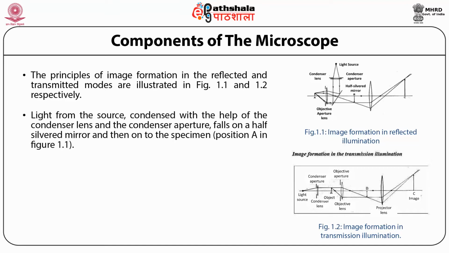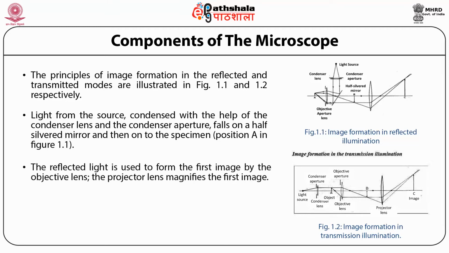Light from the source, condensed with the help of the condenser lens and the condenser aperture, falls on a half silvered mirror and then onto the specimen. Consider the position A in figure 1.1. The reflected light is used to form the first image by the objective lens. The projector lens magnifies the first image.